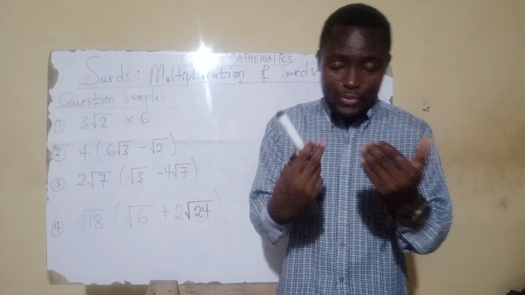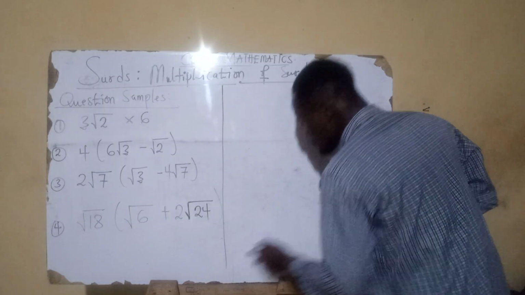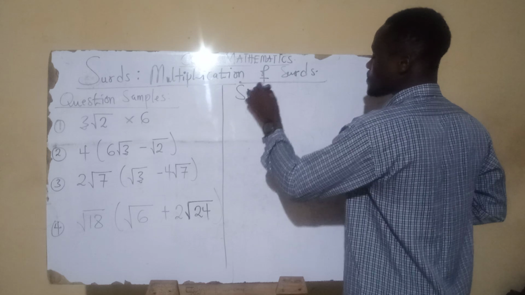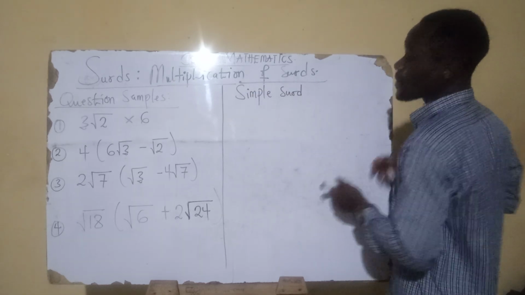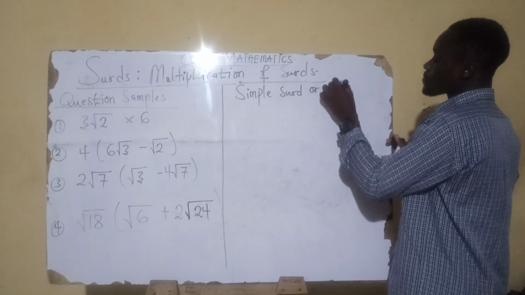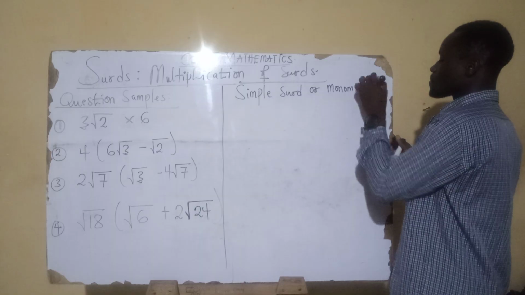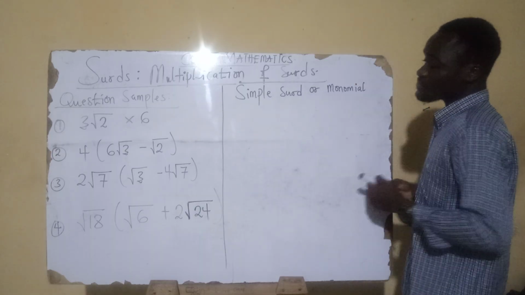So come closer and let me show you something. We have what we call simple surd, or I am terming this as monomial.